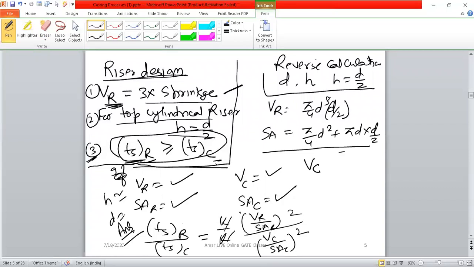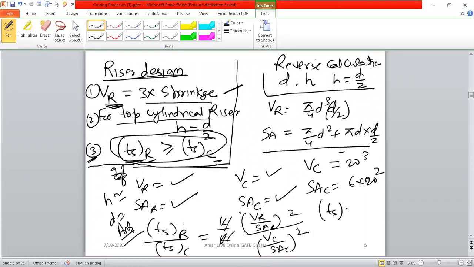You know the casting volume, that is a cube, and the surface area of the casting, that is 6 a square. Now we put the condition TS of riser equal to TS of casting, and we calculate diameter D. That will be your answer.